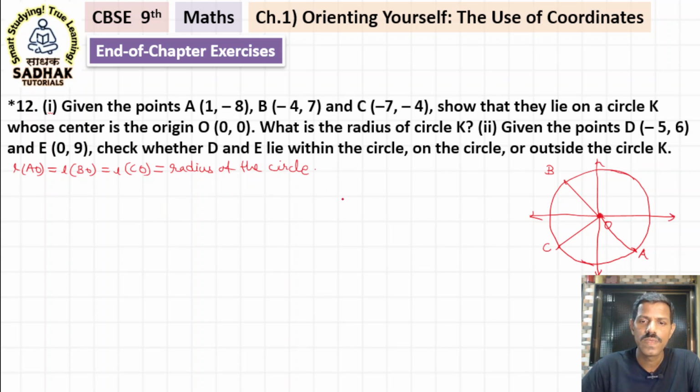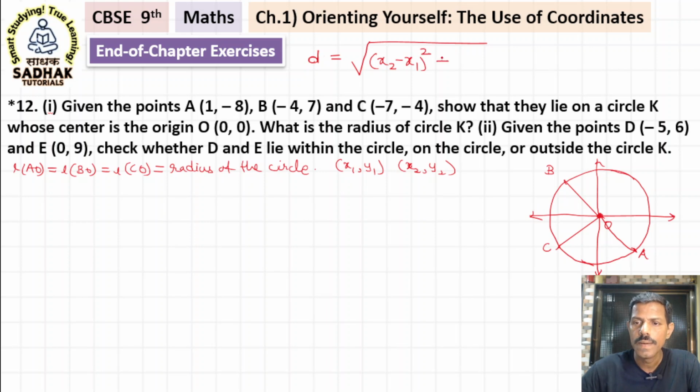In short, suppose there are 2 points where the coordinates of the first point are x1, y1 and the coordinates of the other point are x2, y2, then the distance between these 2 points will be given by the formula: distance equals square root of (x2 minus x1) the whole square plus (y2 minus y1) the whole square. This is the formula that we will use.